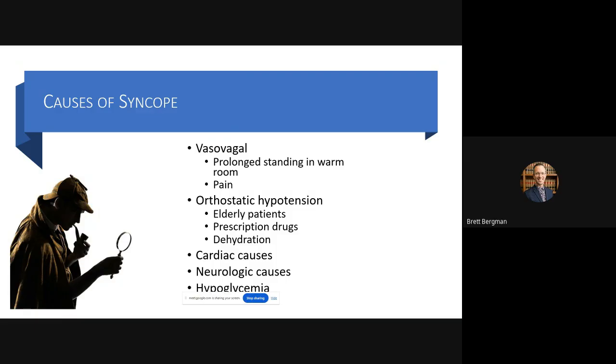If they're on certain prescription drugs that lower their blood pressure or lower their heart rate, if they stand too quickly, if they had a change in posture, that can cause their blood pressure to go down. They'll get a syncopal episode, they'll faint. But then you can also have cardiac causes, you can have neurologic causes, and then even hypoglycemia can cause syncope as well.